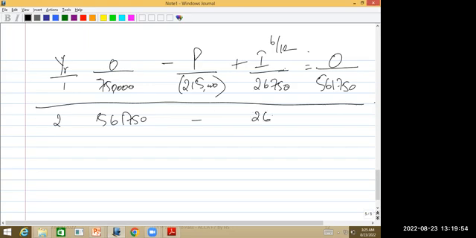Then the interest will be charged, and this is my obligation at end. Can you tell me the amount?